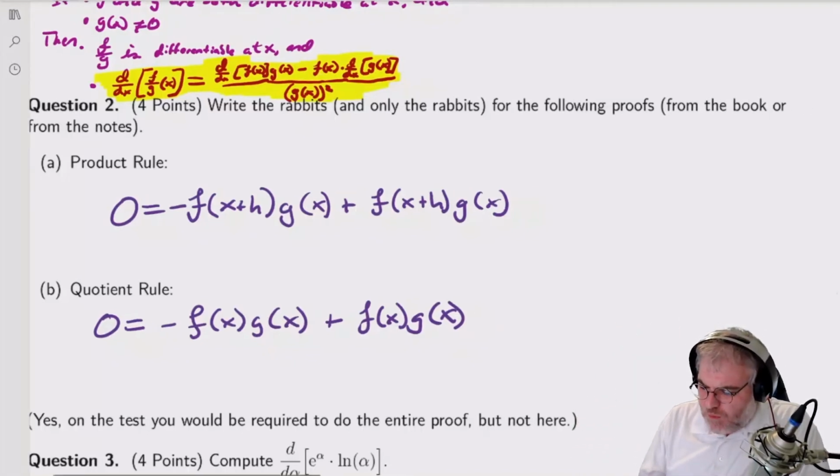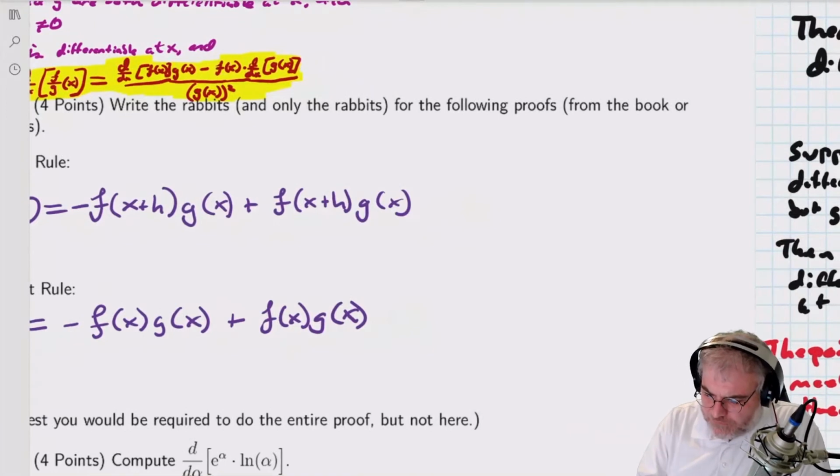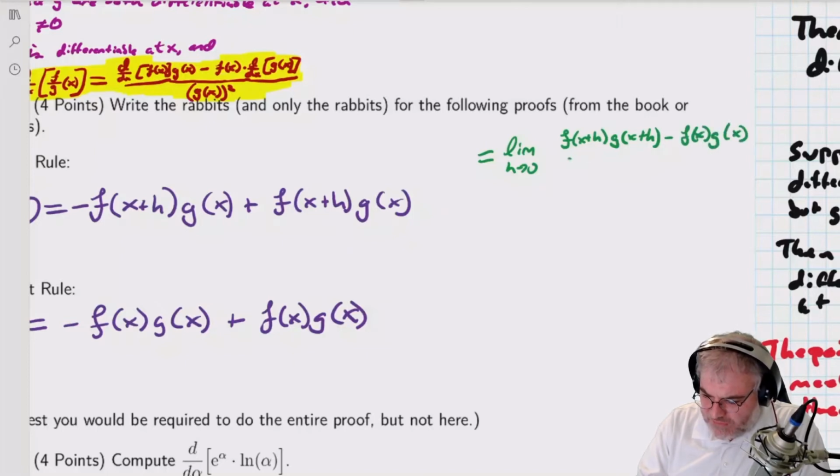So I get to this point in the proof for the product rule where I've got equals and then I've got limit as h goes to 0 of f of x plus h, g of x plus h, minus f of x, g of x, all over h.